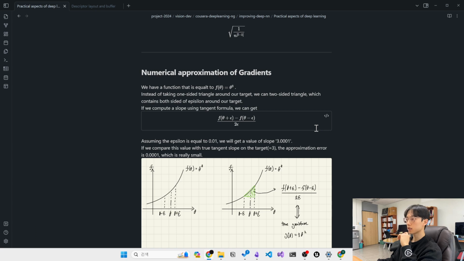And the final thing that I learned is the numerical approximation of gradients. As we already learned, we use gradient descent in backpropagation.